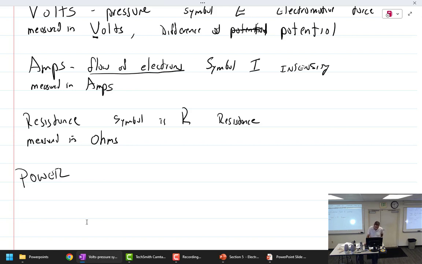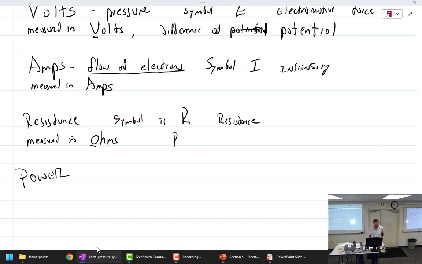By the way, amps is capitalized because that was named after, what was that guy's name? Marie Ampere, French. Resistance is measured in ohms, and that came from Georg Simon Ohm, so it is also capitalized. So we get the ohms right there.